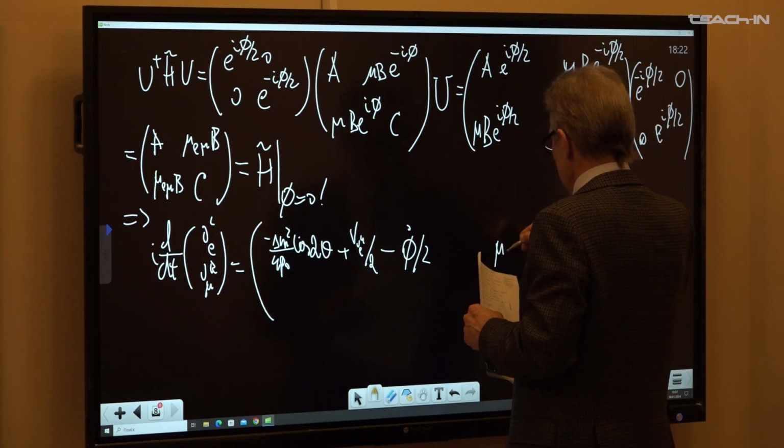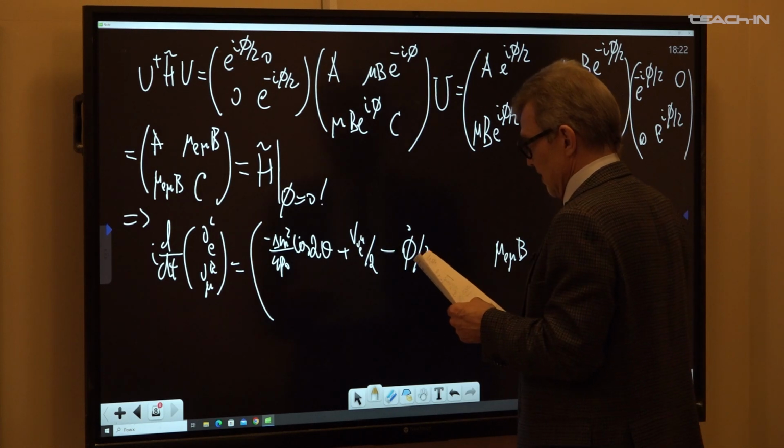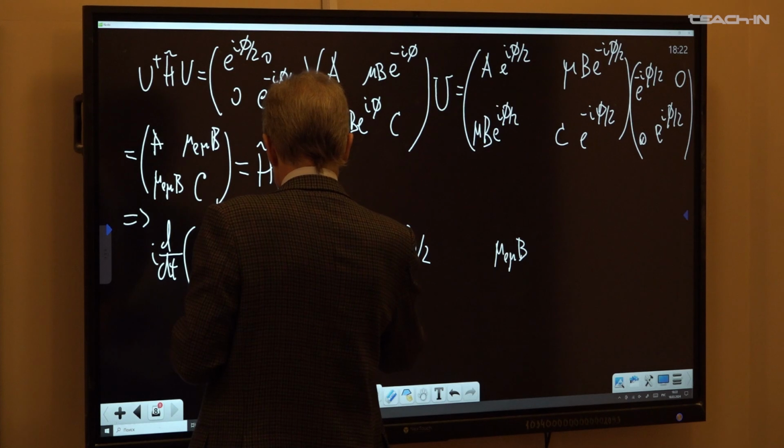Here is the effective magnetic moment in the flavor basis multiplied by the strength of the magnetic field, the same.